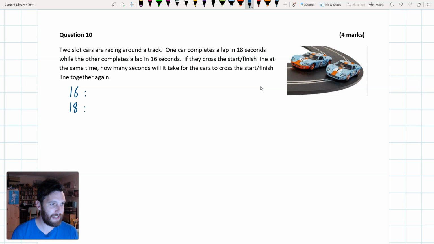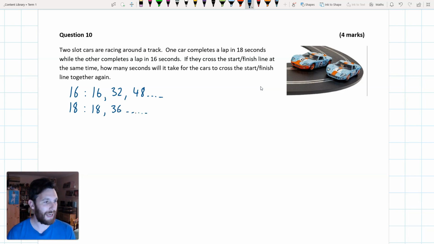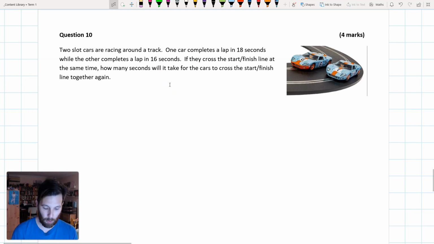So multiples of 16 would go 16, 32, 48 and so on. 18 would start with 18, then we'd go to 36 and so on from there. But what I might do is take this as an opportunity to re-demonstrate the technique we had a moment ago.